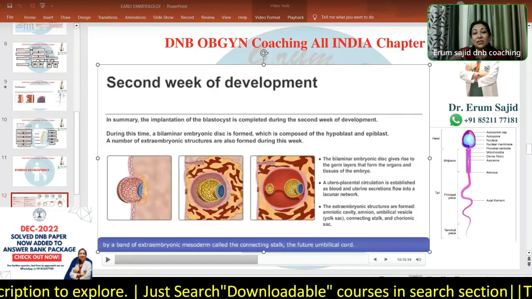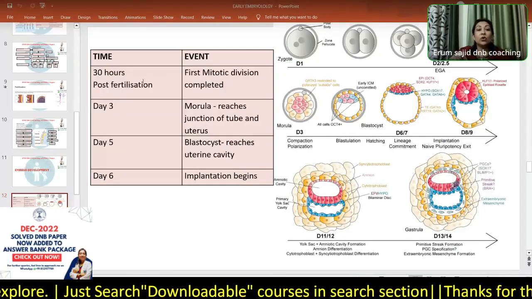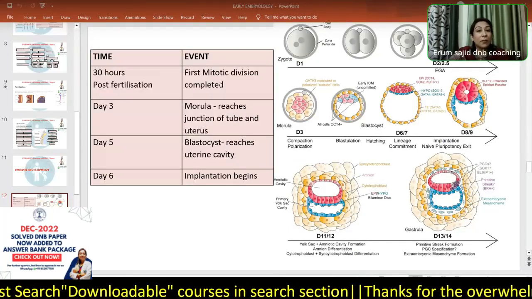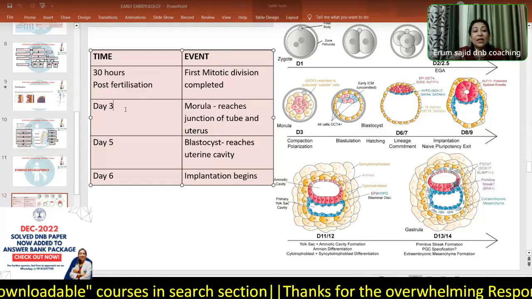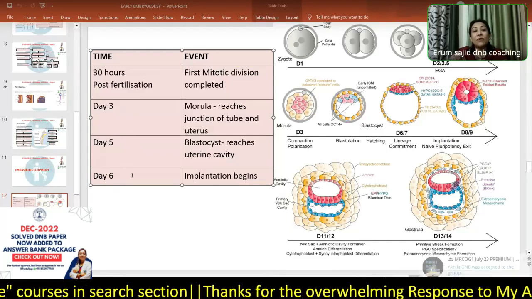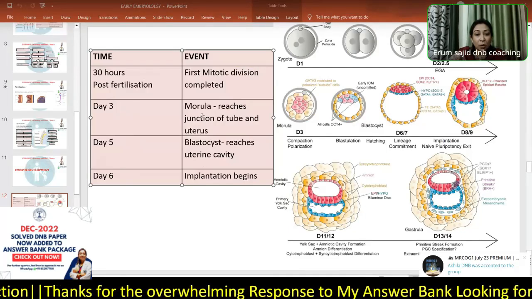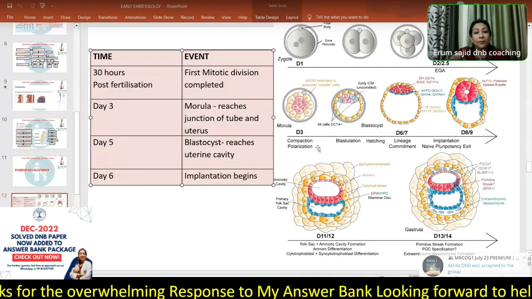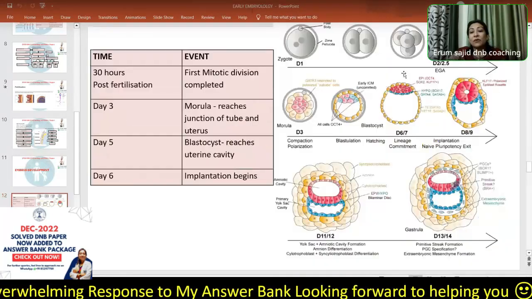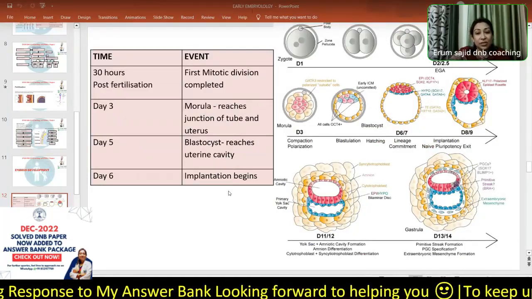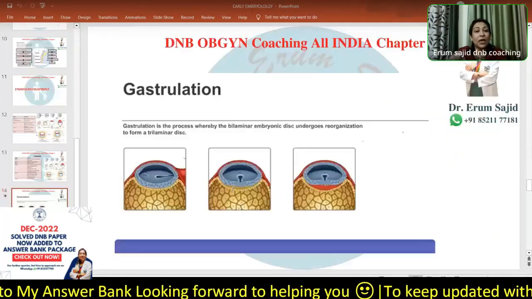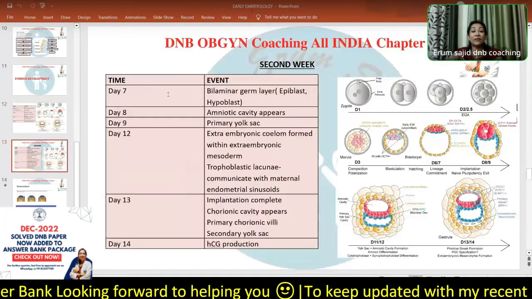So now I'll take up these slides quickly. At 30 hours post-fertilization, the mitotic divisions start. And 3, 5, 7, remember this: morula, blastocyst, implantation. Over here, you can see roughly the corresponding changes, how it looks. Then we talk about day 7, 8, 9.